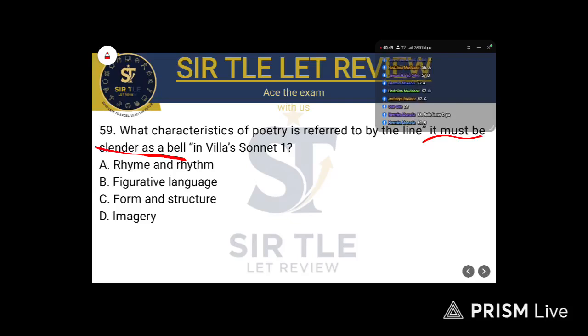Merong sumagot ng letter B. Okay. Letter B. Okay. Figurative language.